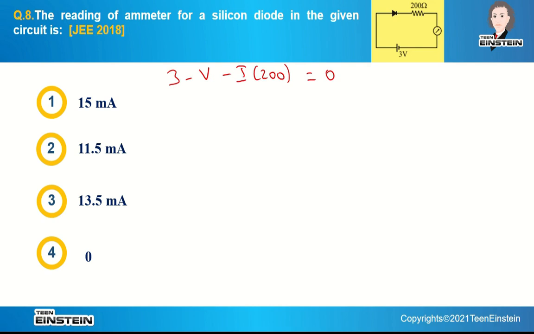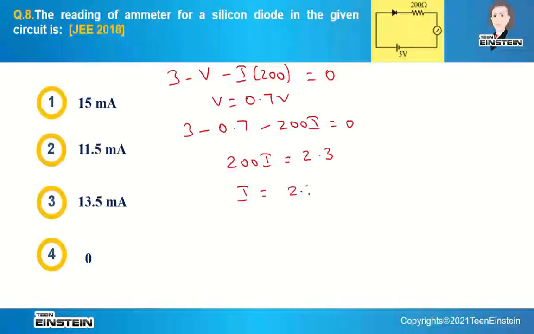As the silicon diode is in forward bias, the potential V will be equivalent to 0.7 volt. So this will become 3 minus 0.7 minus 200 I equal to 0, or 200 I is equal to 2.3.